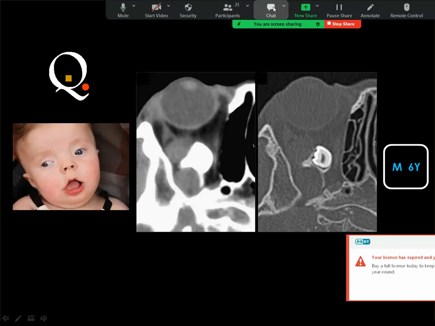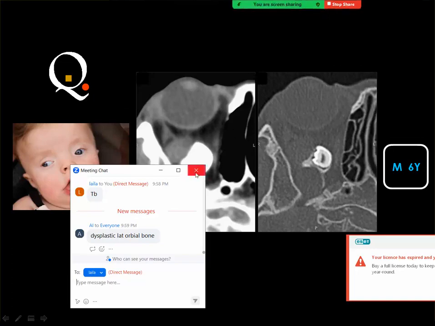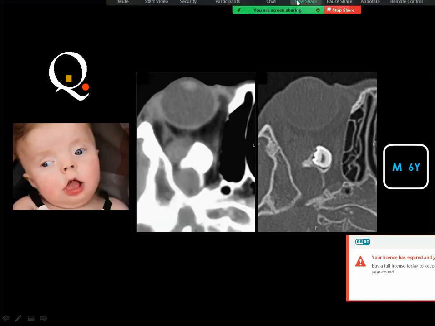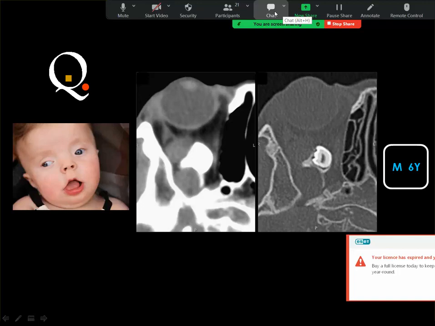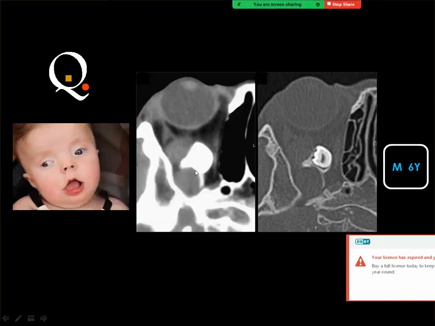I know it is a difficult case, but this plastic lateral orbital wall, no. Optic nerve lesion, okay.